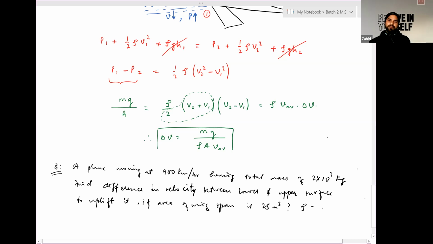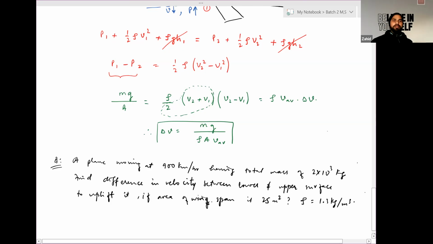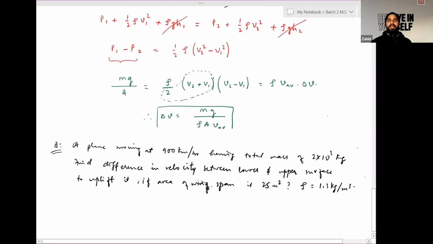Density of air is 1.3 kg per meter cube. Just put all the values in the above formula, take gravity to be 10, and simplify it.